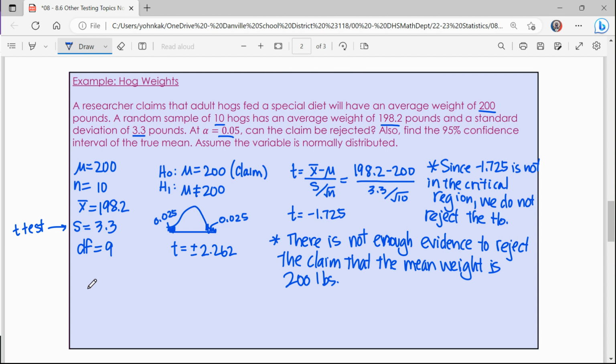All right, so we can't reject because we don't have enough evidence.